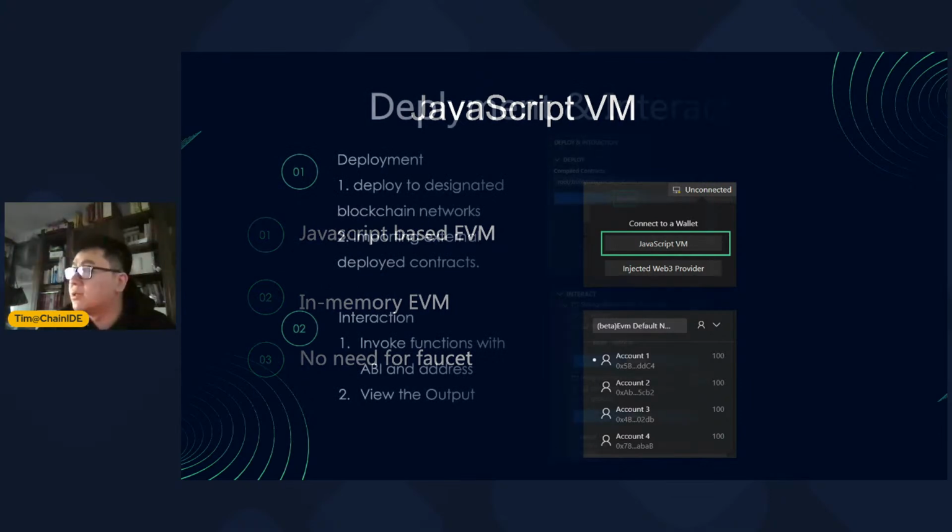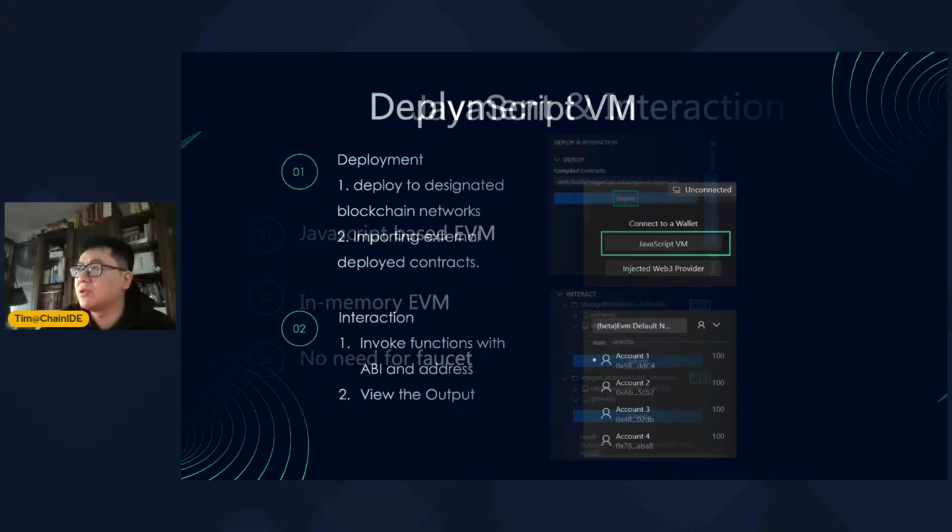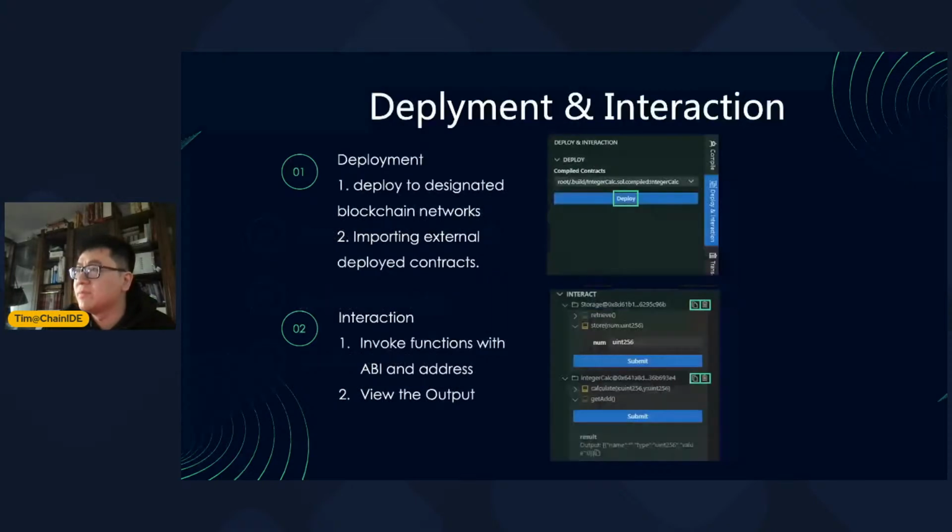All right, so this is the deployment and the interaction. So I think there's a typo. So for the deployment part, you can just easily select all the contracts you compiled and click deploy to deploy to the blockchain you choose. And also you can import an external deployed smart contract.